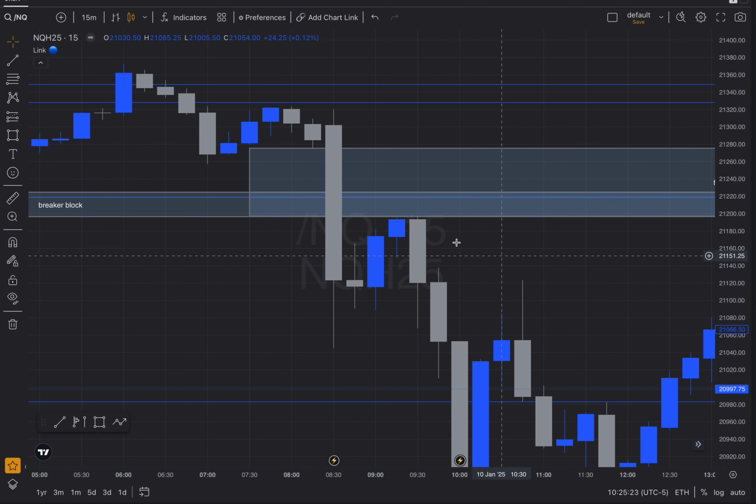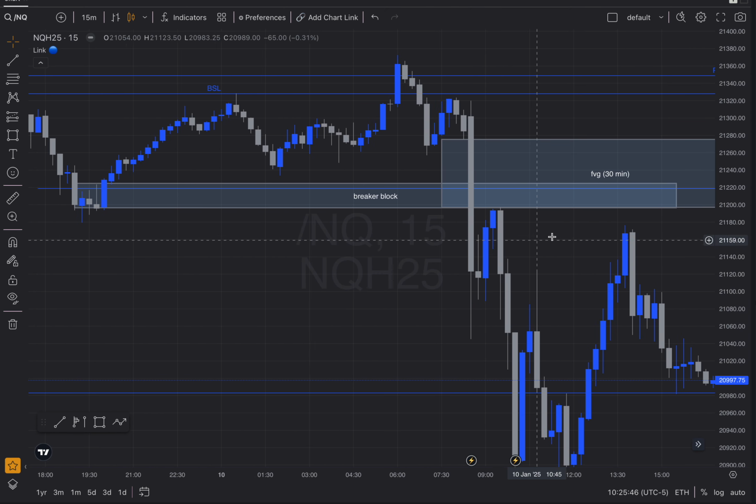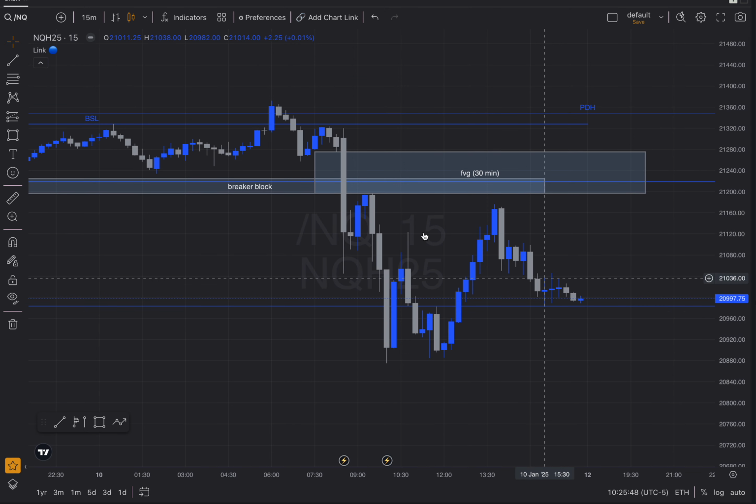So I would have had a limit order placed right here, which is 21,196.25. And if you look at the high, if you look over here, it came to 21,197.25. So really about, not even 2 points of drawdown. So this was a perfect entry.